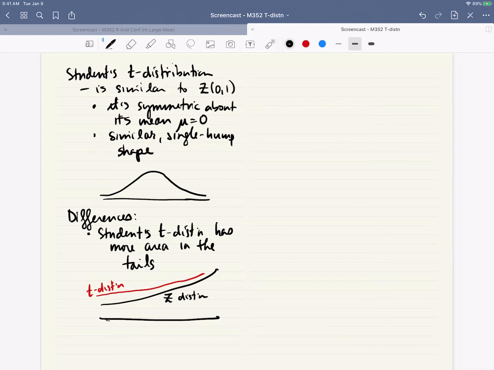What else is different? There's a different t-distribution for each sample size. So some books like to use a subscript to distinguish between them, and I'll explain why in a second. I'm going to put an n-1 there for sample size n.